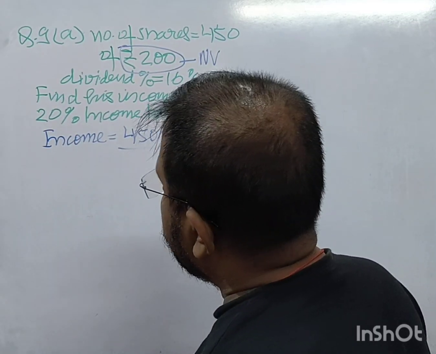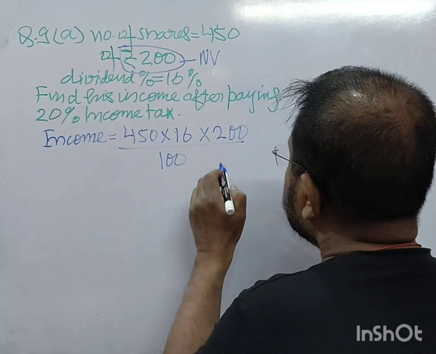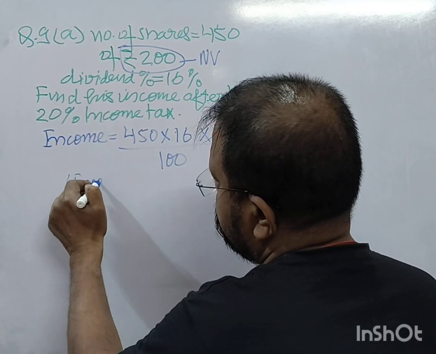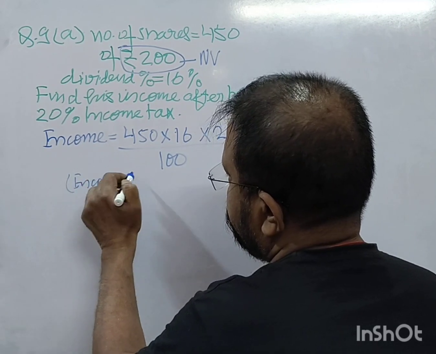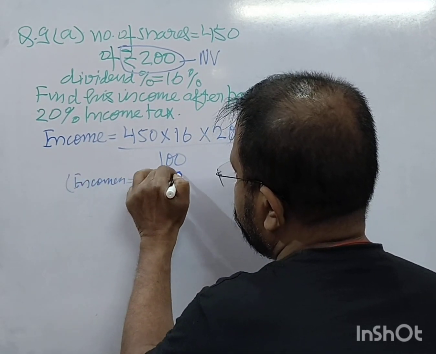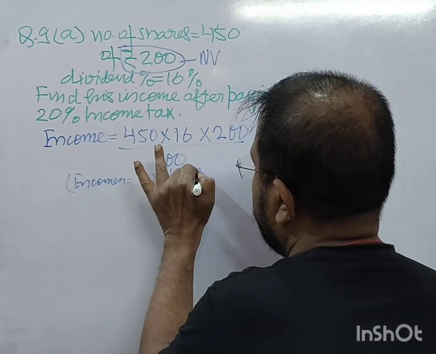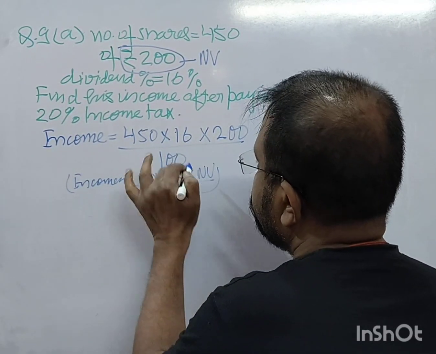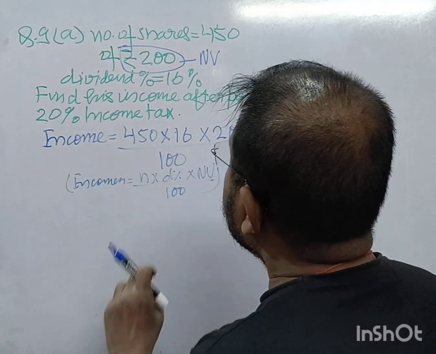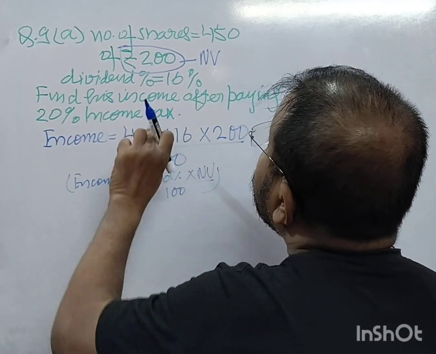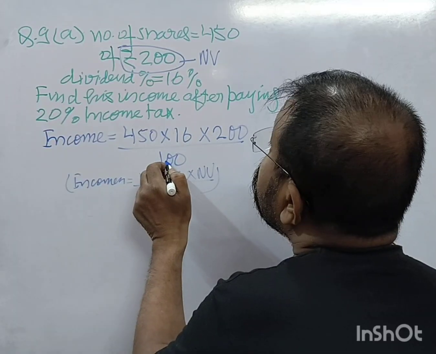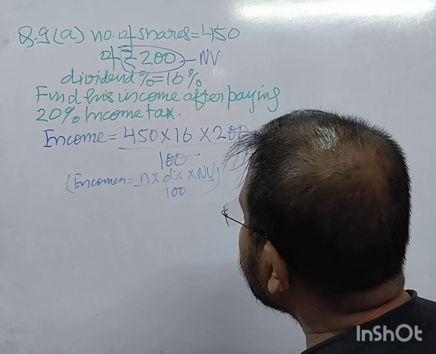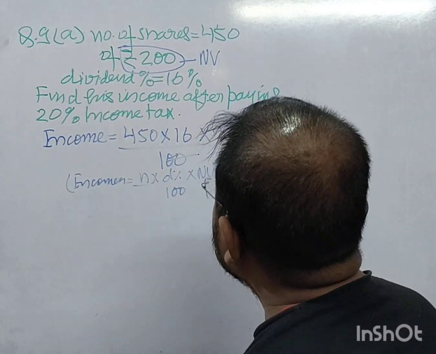The formula is income is equal to number of shares into dividend percent into NV upon 100. So we use this formula, right? So this is cancelled out.